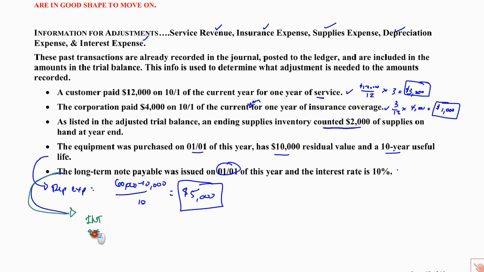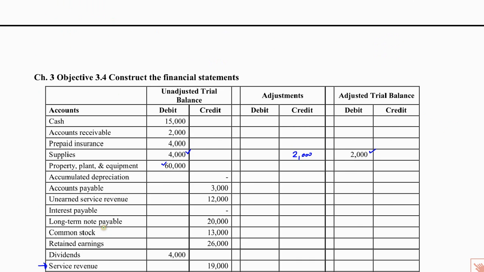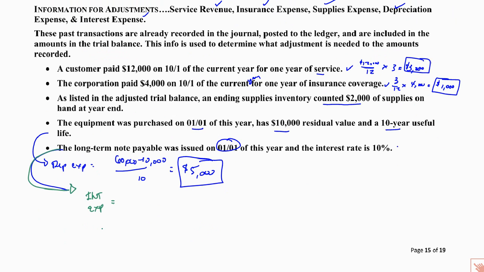Interest expense equals the principal amount, $20,000. Should be 2,000. It's a full year. Okay. So those are all the amounts.